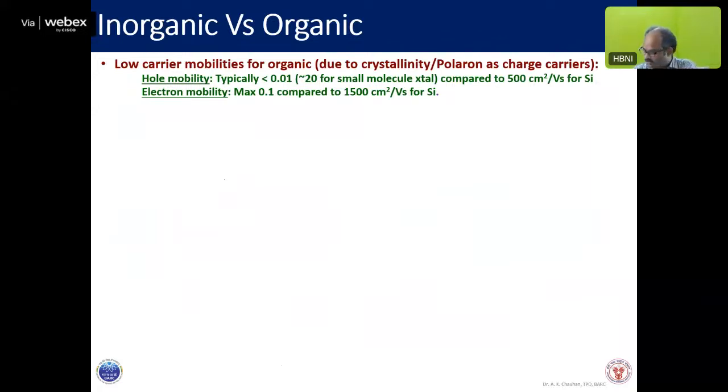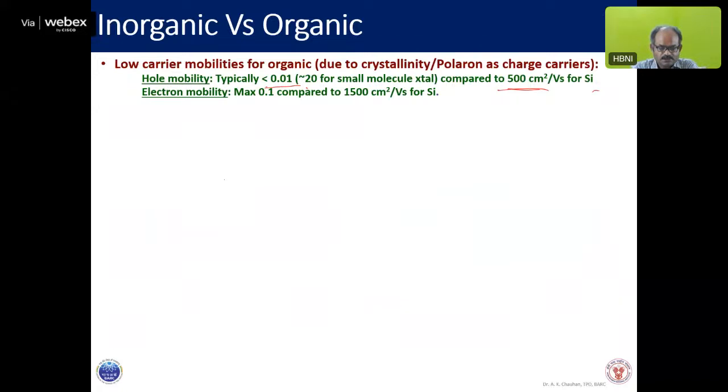The material is not single crystalline. So hole mobility is typically 0.01 to nearly 20 for small molecules. However, in silicon it is very high, 500 centimeters square per volt second.